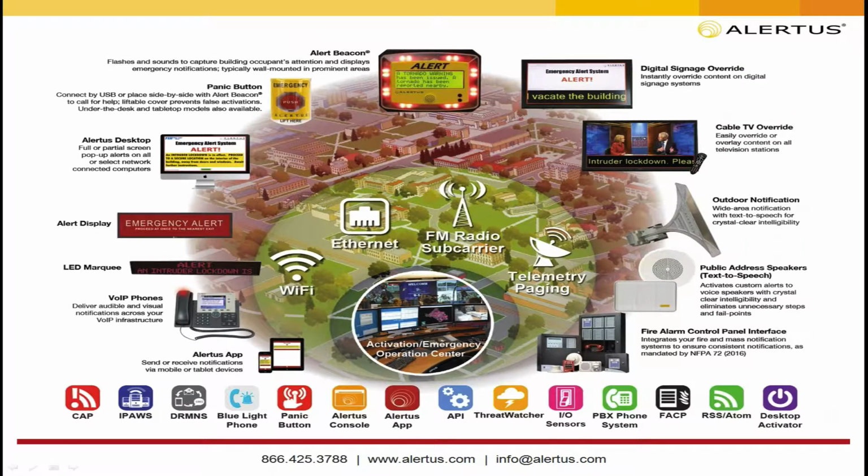Now, based on those layers that we just discussed, Alertus is able to help you with how that message is able to get out there consistently from one push of a button or from one specific activation. And that's basically what this diagram shows you: we're able to take in all the different notifications from NOAA weather alerts, from iPods, from CAP alerts, from RSS feeds, feed them through our server, and put them out to the different modalities that Ryan explained to you.